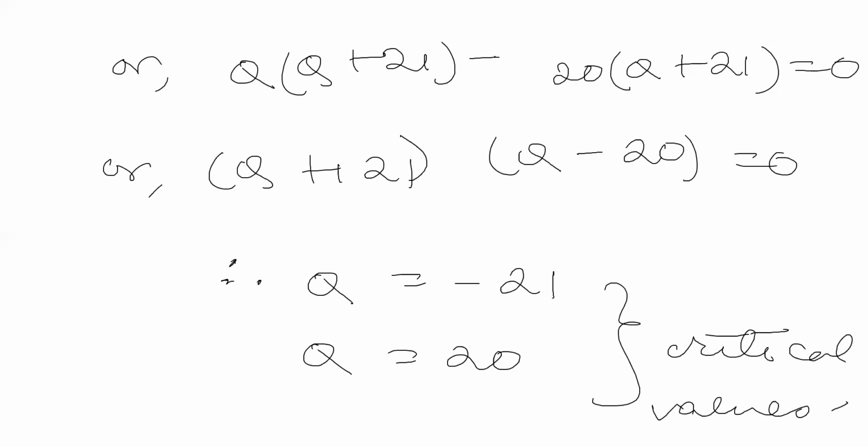So for that we need to do the further exercise. We need to look at the sufficient condition, and over there it will help us identify whether profit is maximized or not, and for which quantity it is actually being maximized.